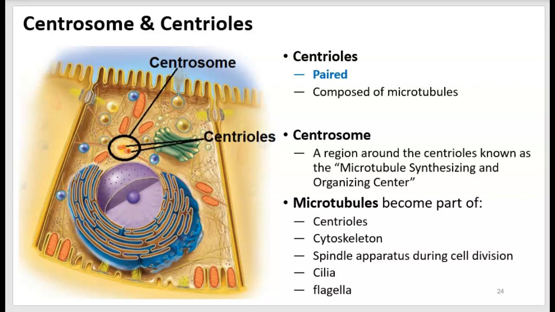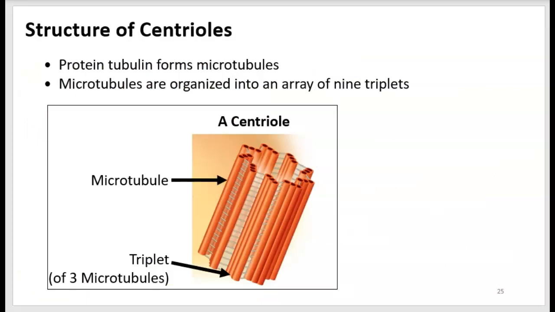And they can make up cilia or flagella depending on the cell type. And that has to do with movement. So let me show you the structure of centrioles first. Remember, every microtubule that we're going to see from now on has been organized and assembled by the centrosome.